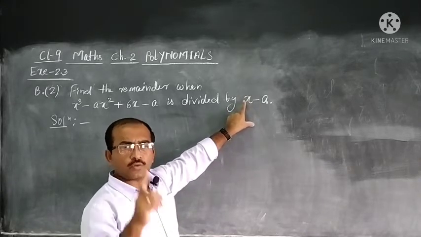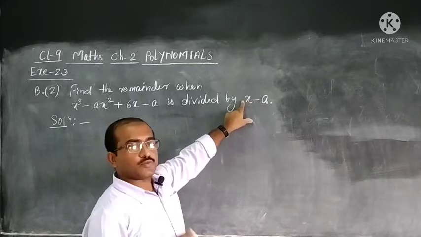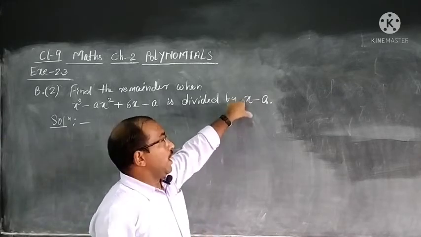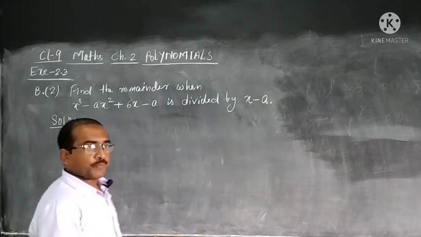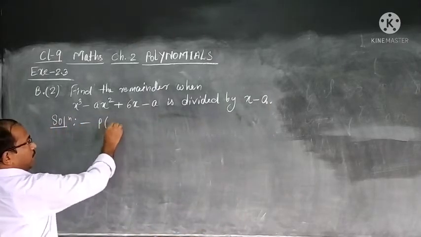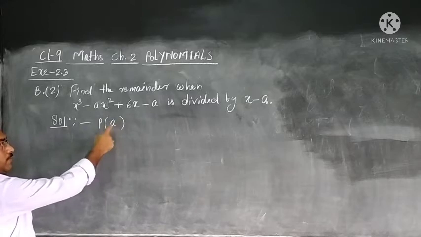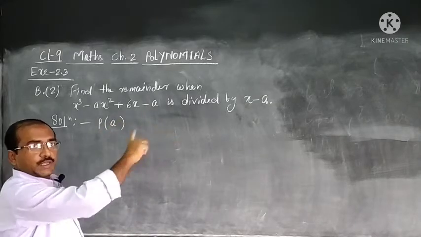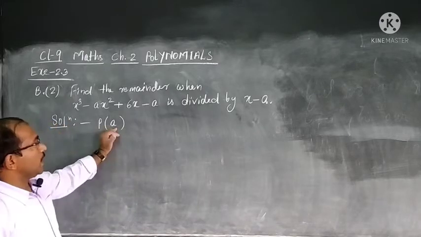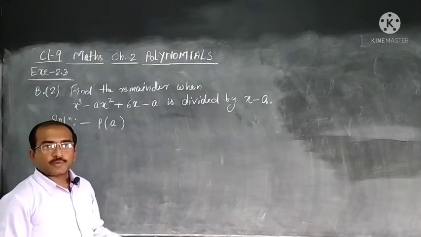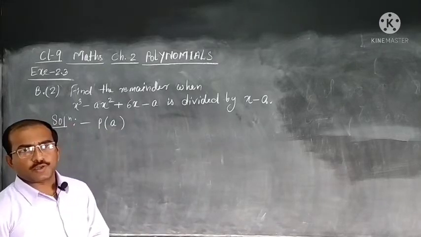Here the coefficient is 1. So, when the variable has coefficient 1, we see the constant. It is x minus a. So, we will use p in place of variable x: value a, plus a, opposite sign. We need to remember this very well. Here if we make a mistake, the whole solution will be wrong.